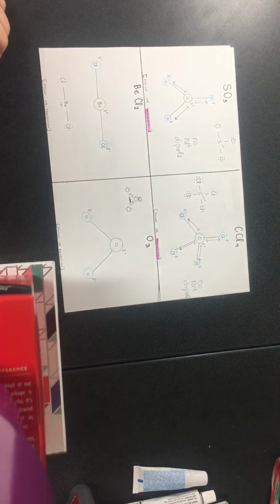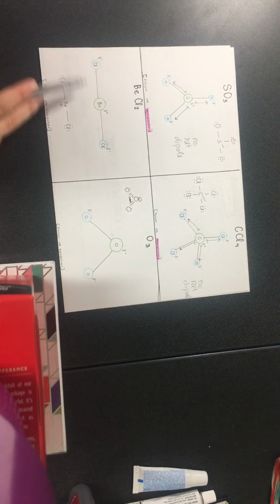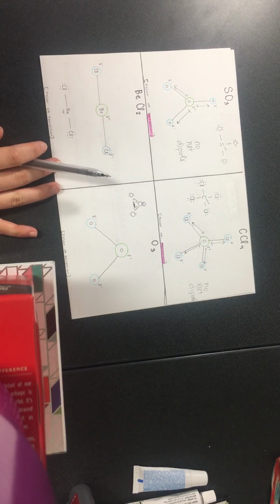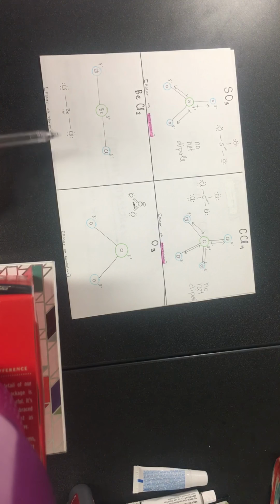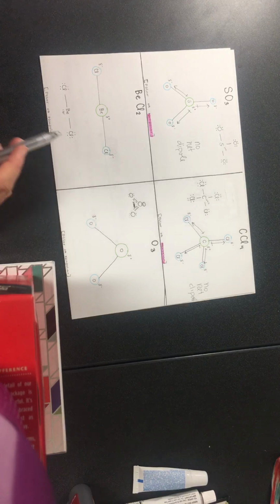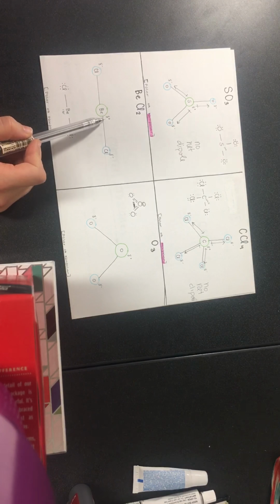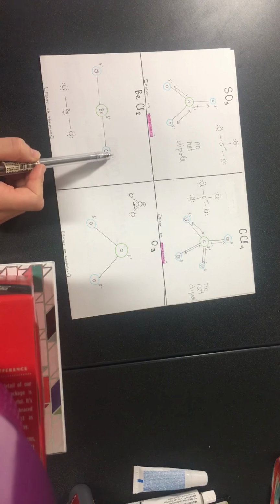All right. Now we're moving on to BeCl2. This molecule is linear, so the molecular geometry doesn't really affect this much. There are no non-bonding electrons. Here's our Lewis structure, and here's the molecular geometry. We have partial positive and partial negatives right here.